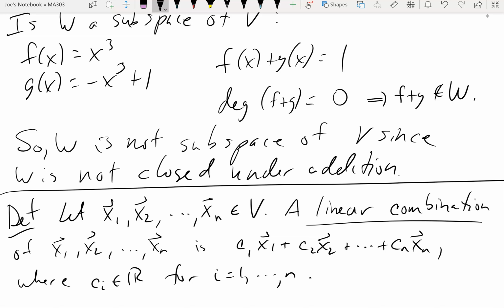So that's what the words linear combination means. You may have heard this in other classes. It just means that you take a bunch of scalars, multiply them by the vectors, and add them up.